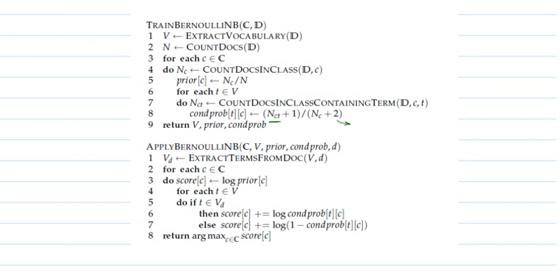This is actually the characteristic of the Bernoulli distribution, which says that for a given random variable x, for x equal to 1 the probability is P, and for x equal to 0 the probability is 1 minus P, right?